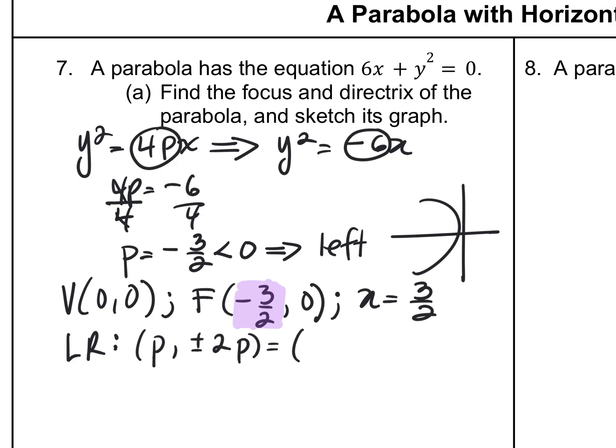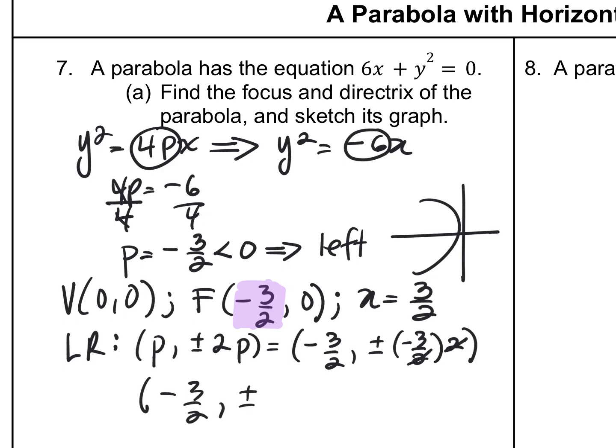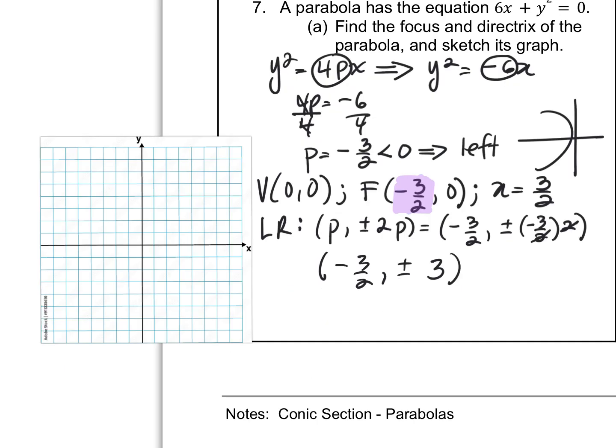So the first coordinate is going to be -3/2, and then plus or minus -3/2 times 2. Canceling the 2 gives me only plus or minus 3. So the coordinates are (-3/2, ±3). That's it. So let's sketch the graph now.